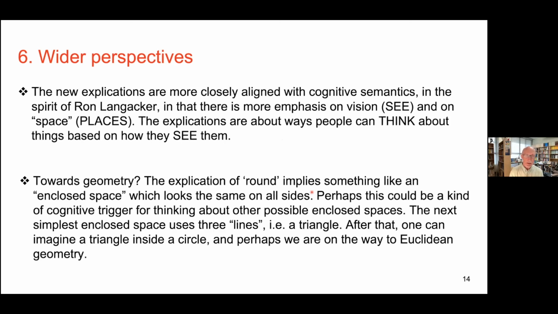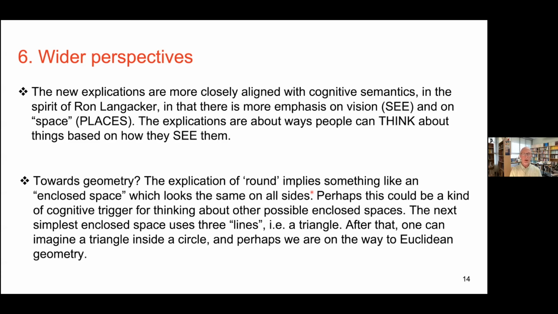Looking a bit wider, for people who have been following the history of cognitive linguistics, I would just like to say that I can see at a very broad level that these explications are now a bit more close in spirit to the sort of cognitive semantics of Ronald Langacker, for instance, than the previous explications were, in that there's more emphasis on vision in these explications, and there's more emphasis on what in cognitive linguistics people would call space, which comes through in NSM in relation to places.